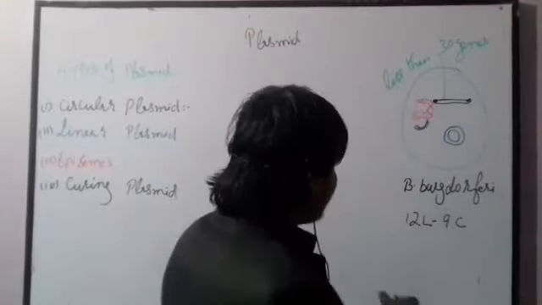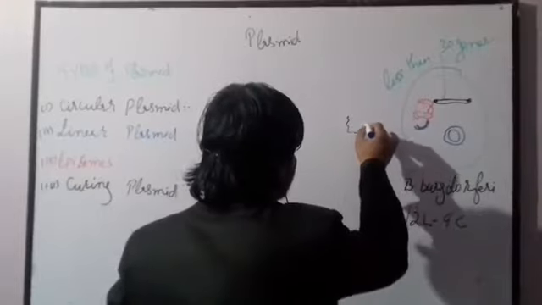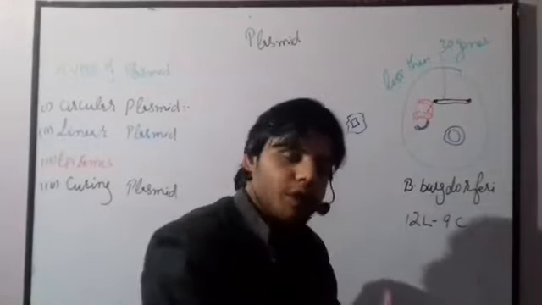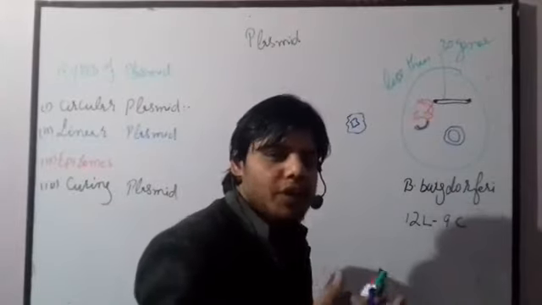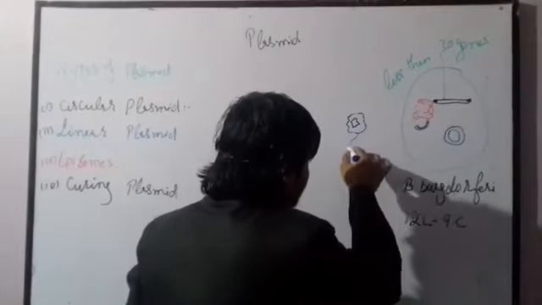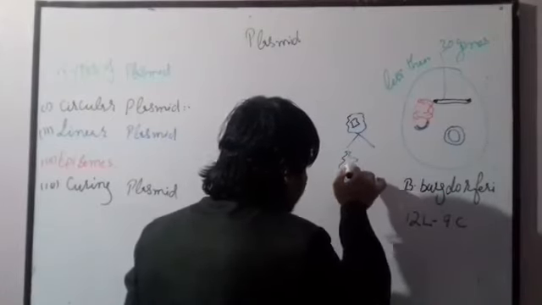Let's suppose this is a plasmid which is in a circular form. Now a mutation occurs in this plasmid, so the same characteristics will be transferred to its daughter plasmid as well.